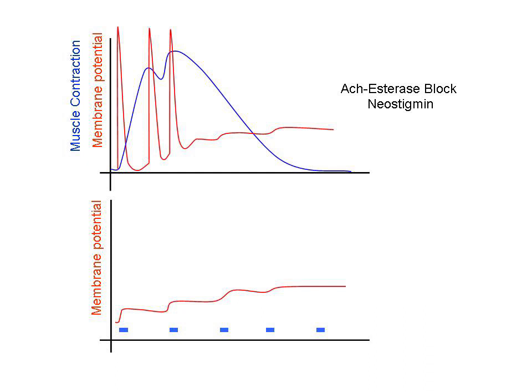However, the membrane becomes depolarized. This is called a depolarization block, which is induced by acetylcholine esterase inhibitors, like the drug or compound neostigmine or physostigmine.